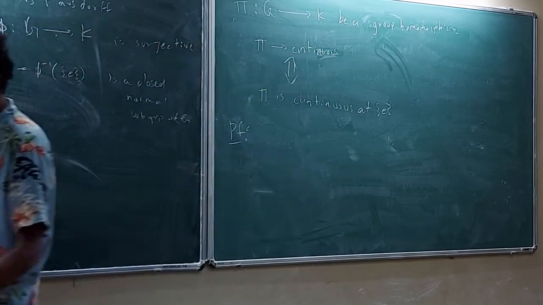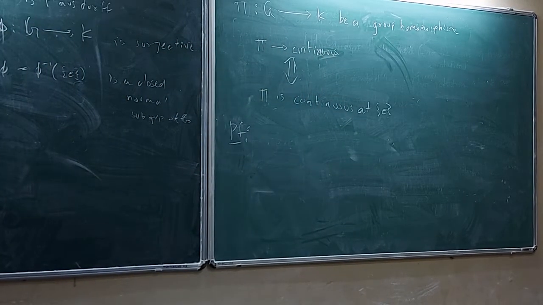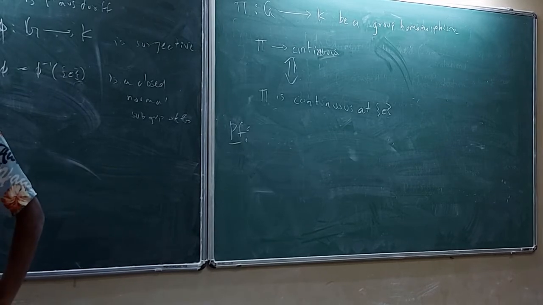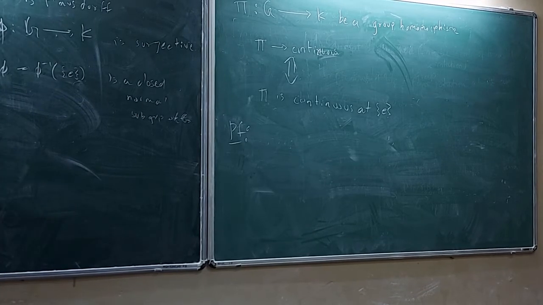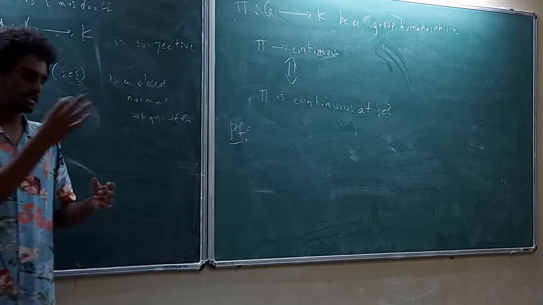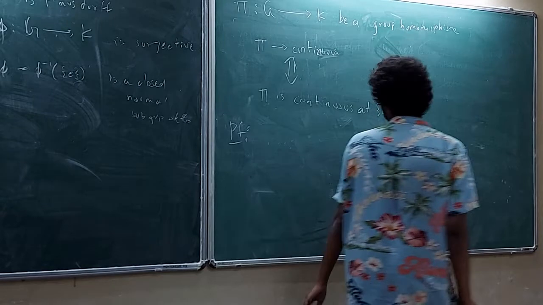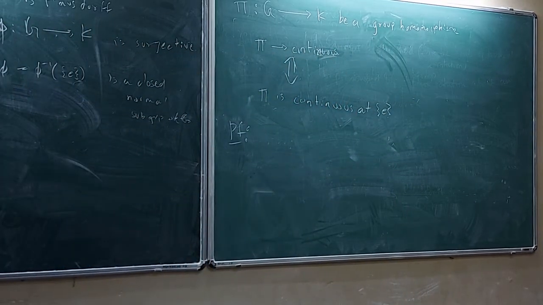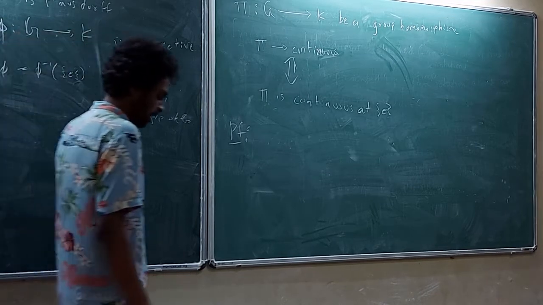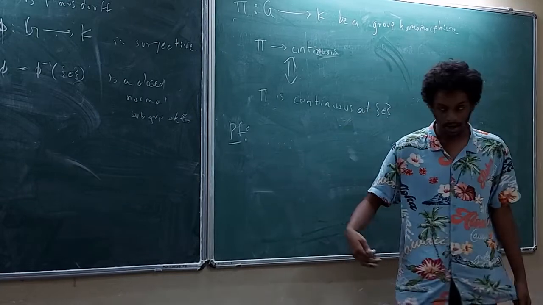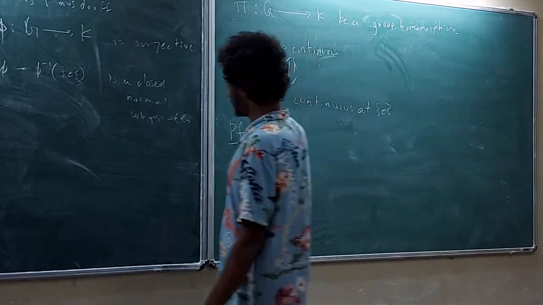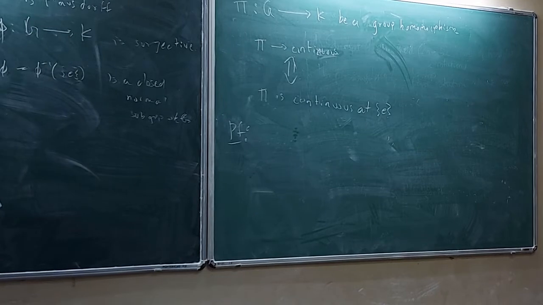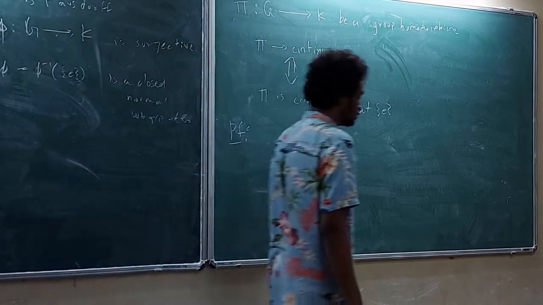I think I'm running out of time, but the proof isn't too long. It again builds on the ideas that we have used, and that is the characteristic property of, as you may guess, the open sets that contain the identity. So when I say continuity at the identity, I mean that for any open set that contains the identity, the inverse image of that open set is actually an open set in G itself. So this is another very strong result. Continuity has been reduced to a very local property.